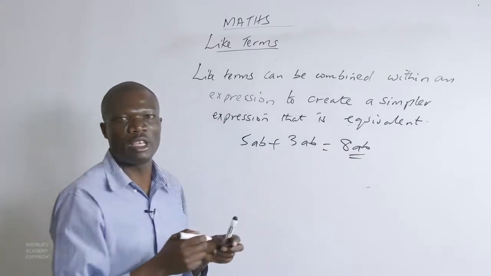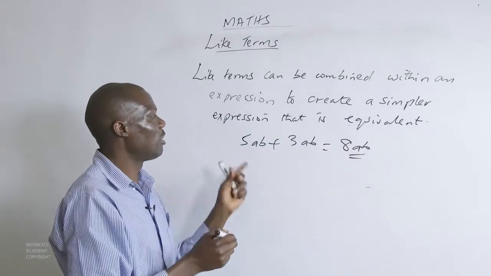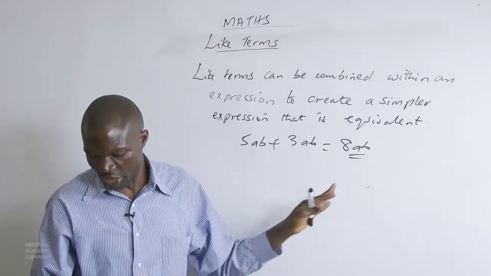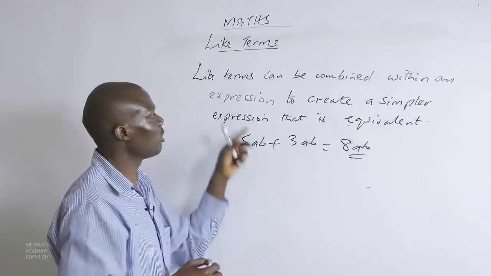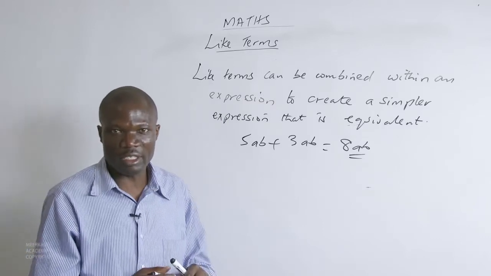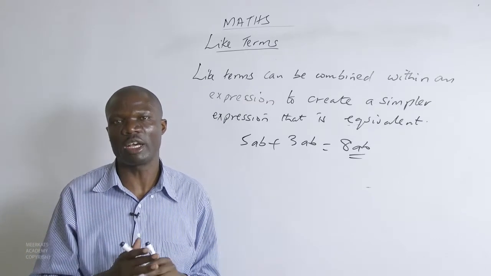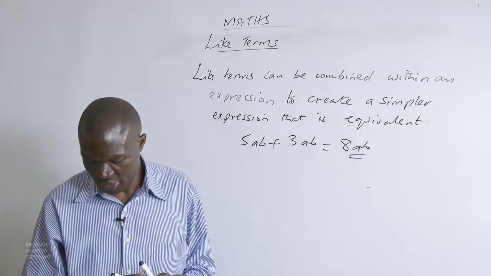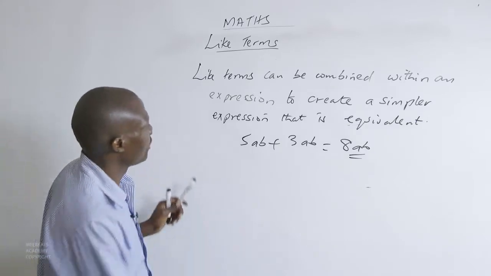And 8ab is an equivalent expression of these other two. So we have been able to combine. That's why we say terms can be combined. The last point to note when we are looking at like terms is as follows.